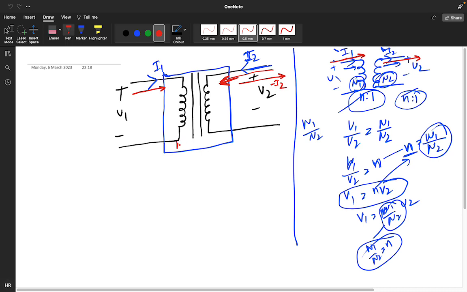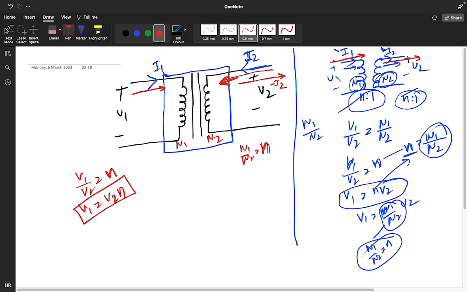So this is n1, this is n2, and n1 by n2 is equal to a small n. So V1 by V2 will remain a small n, that is n1 by n2, and you are getting the V1 value as V2 into n.